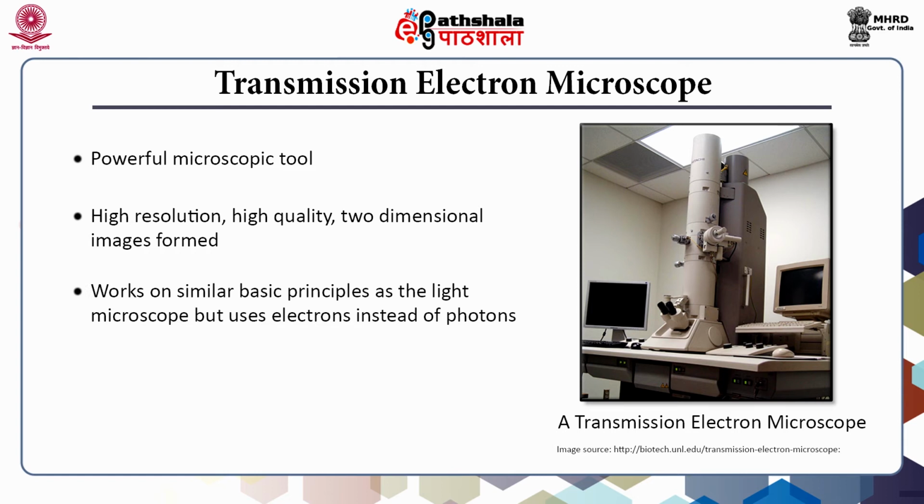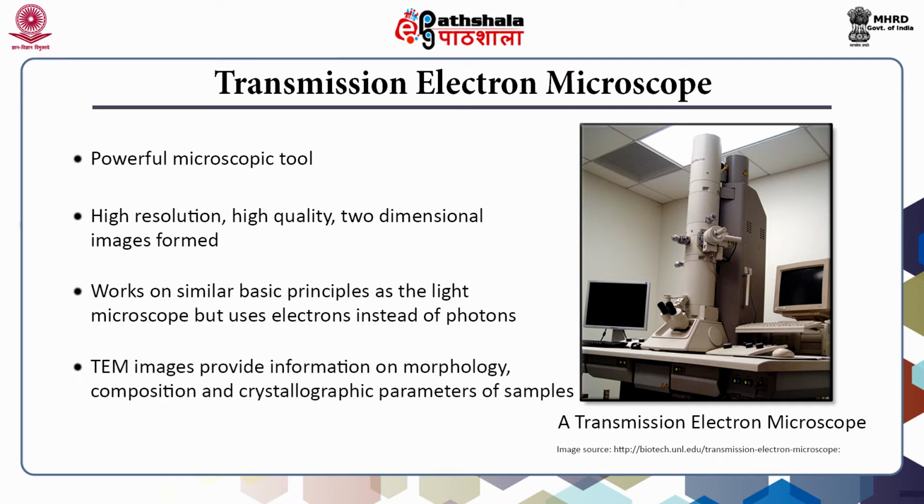It operates on the same basic principles as the light microscope, but uses electrons instead of photons. The images obtained provide information on morphological, compositional and crystallographic parameters of the samples.